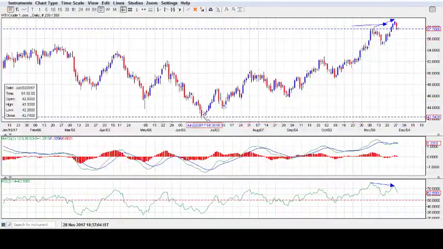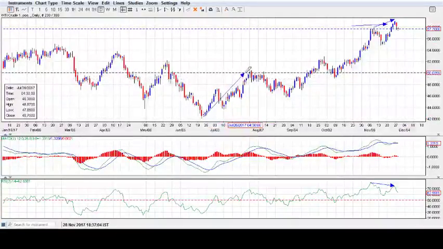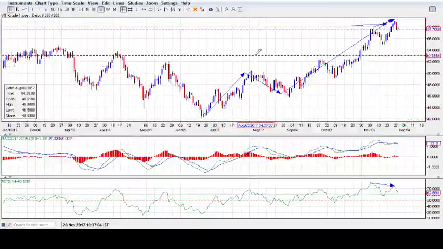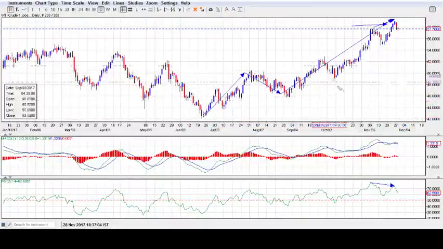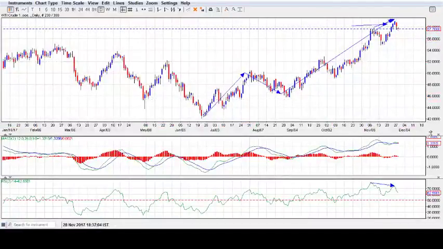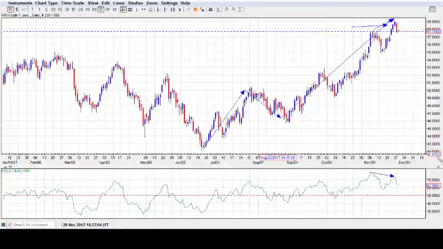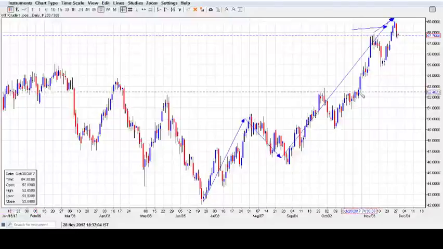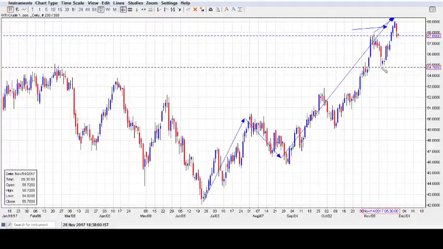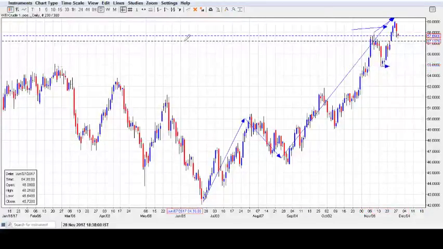So one is the waves A, B and C being complete. You see 3, 3 and 5, 1, 2, 3, 4 and 5. That was a corrective rally. So one was the waves, the other one was the RSI showing complete bearish divergence. Watch out for 55 in crude oil.